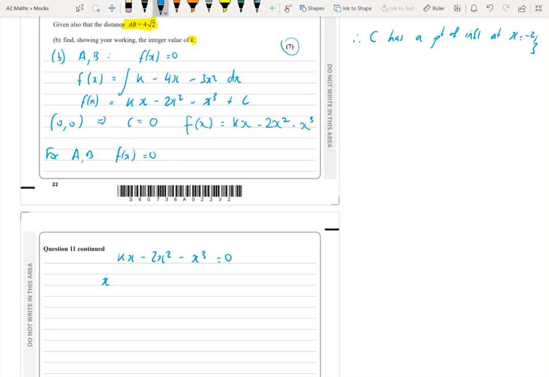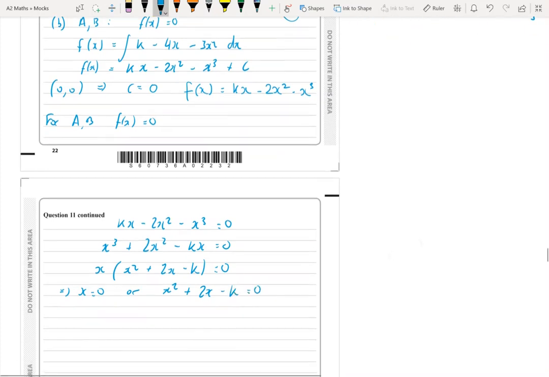Let's tidy it up so more things are positive: x cubed plus 2x squared minus kx equals 0. And notice that x is actually a factor here, which shouldn't be a surprise because x equals 0 just tells us that the graph goes through the origin, which we knew. Or, more interestingly, the other factor equals 0: x squared plus 2x minus k equals 0.